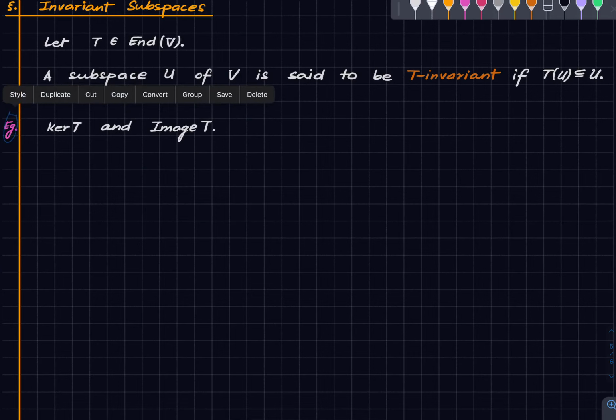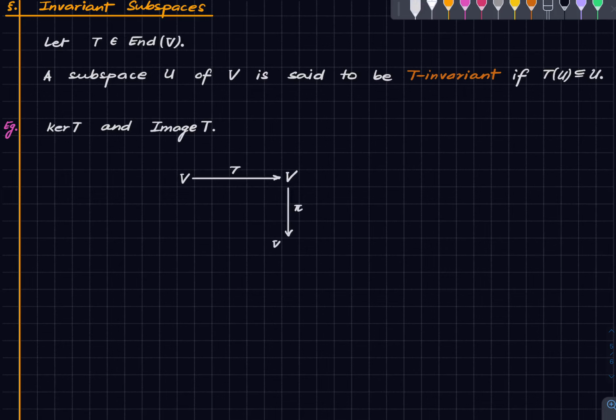All right. Now, here is the very important thing that I want to note. We have this map T going from V to V. Apply the natural projection onto the set of all the cosets of U. So this is the natural projection.